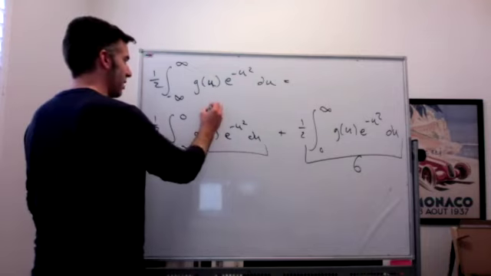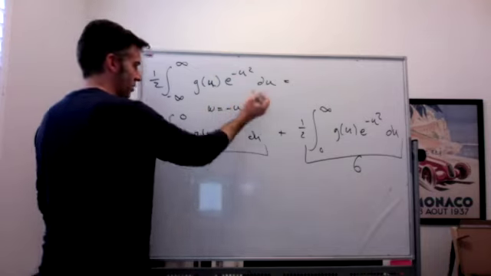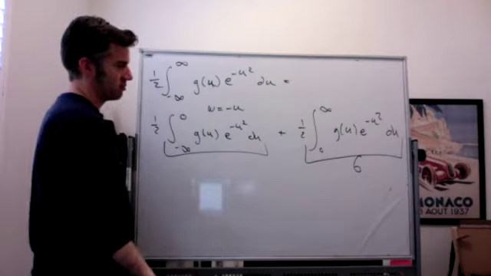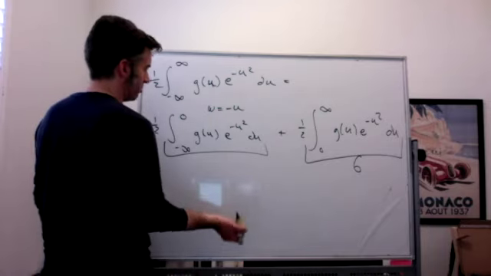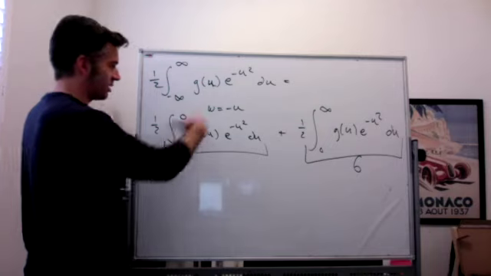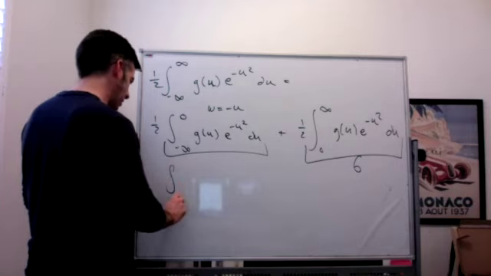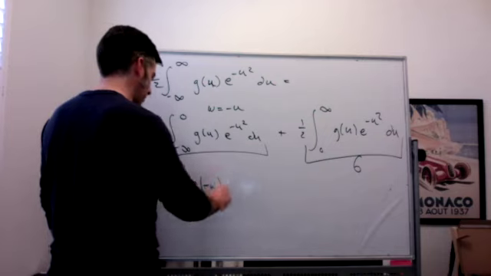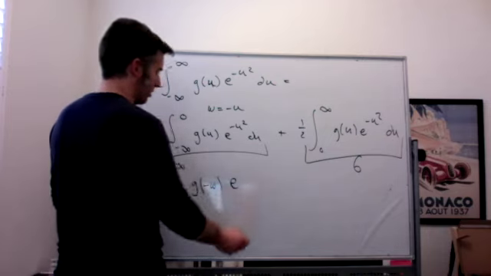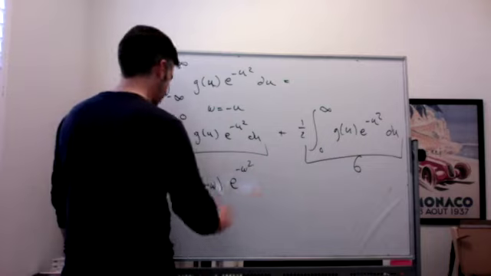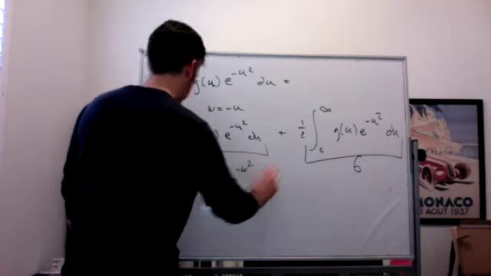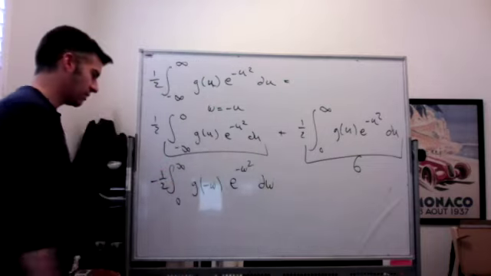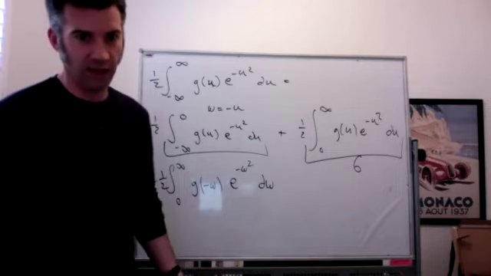You could let w equal negative u, which is annoying, and basically change this to be the integral from 0 to infinity of g of negative w e to the negative w squared negative dw. And then it ends up being negative 1/2 of 6.